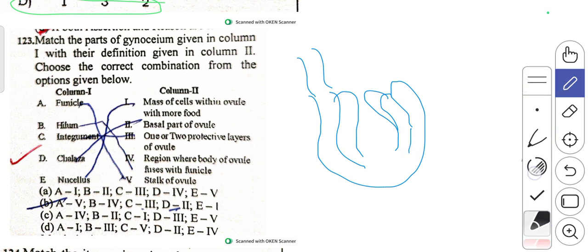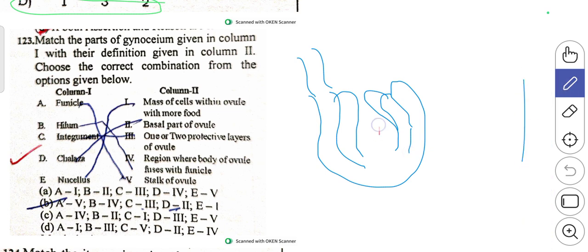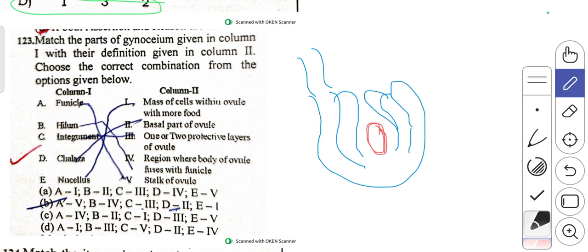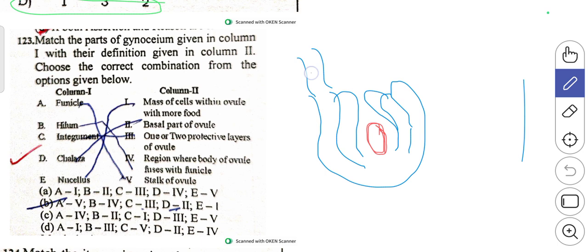You'll come across this kind of structure, that is an anatropous ovule. So this one is a diagram of an ovule. This one is called the funicle. This one is called the hilum.